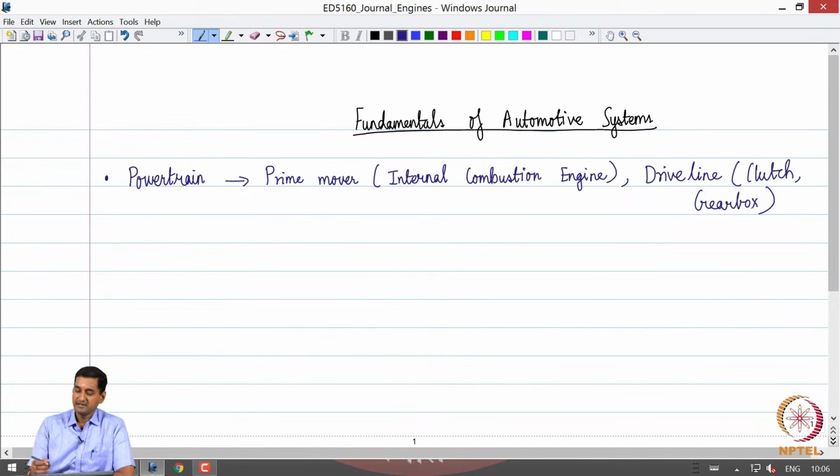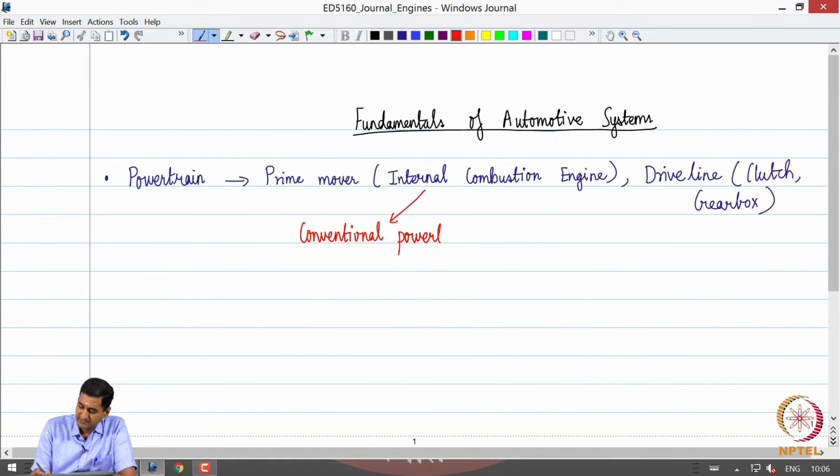So, as part of this course, we will look at conventional engines, IC engines. This is something we are going to spend quite a bit of time on in this course. So, we will look at conventional powertrains driven by IC engines. We will also look at alternate powertrains, okay?